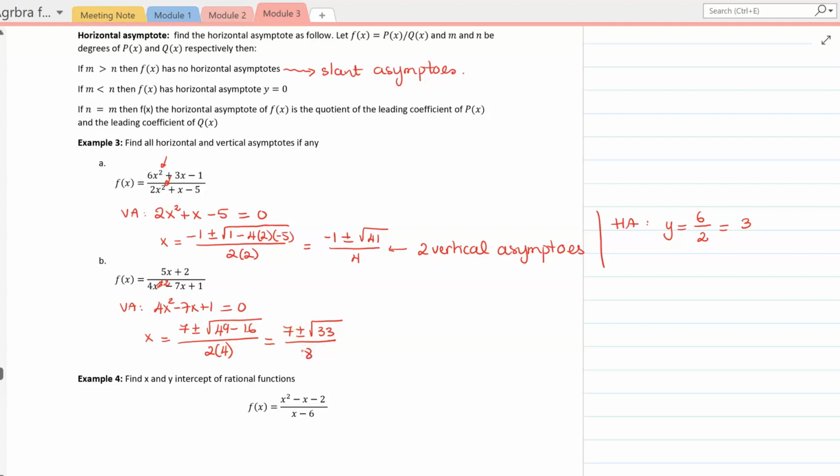Again, here we have two vertical asymptotes. The horizontal asymptote: the degree of the numerator is less than the degree of the denominator. So in this case, the horizontal asymptote is y equals 0.